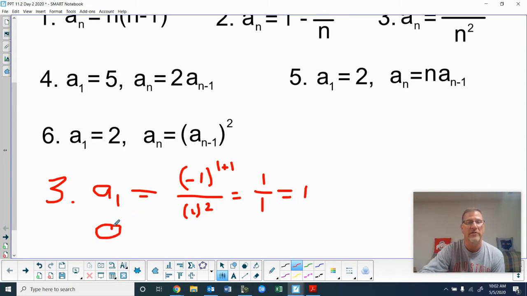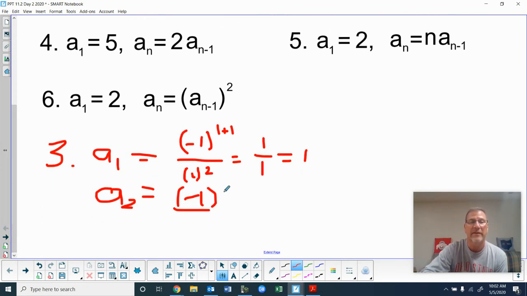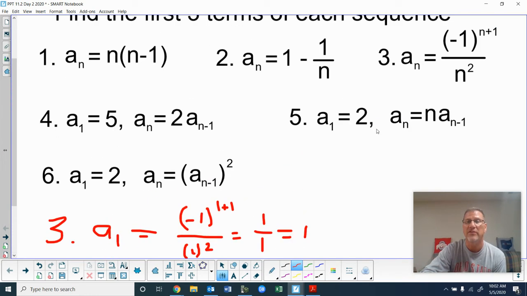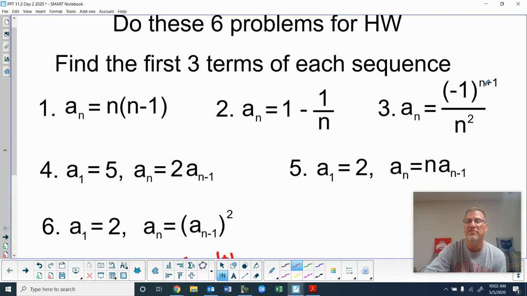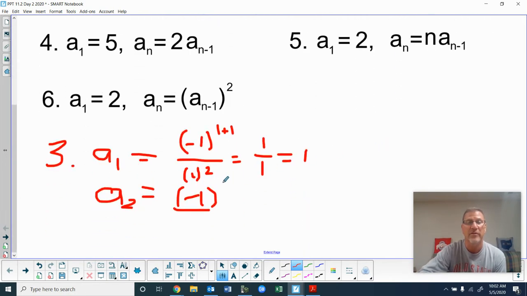For the second term, a2, it's still -1 in parentheses. And n is 2 for the second term, so I put 2 here and here. So -1 to the 2 plus 1 power over 2 squared.